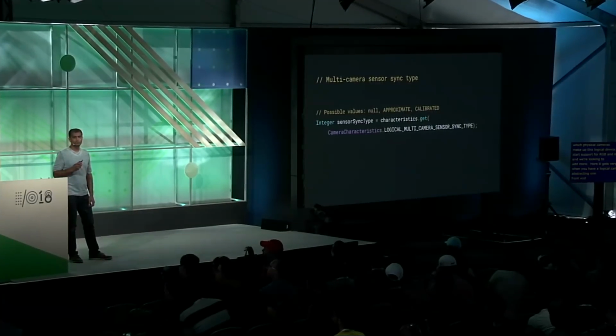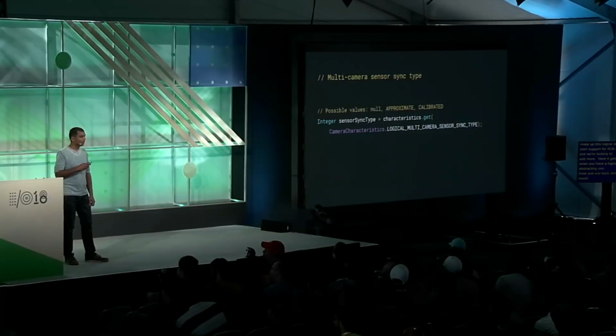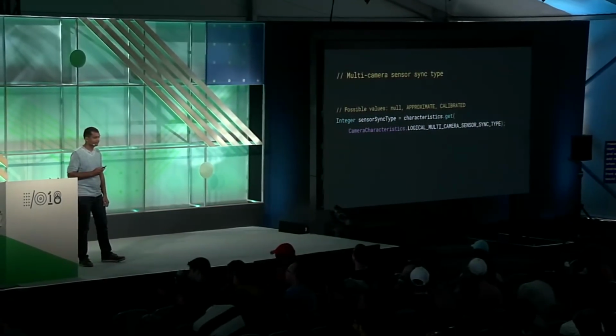Next, you would check to see which physical cameras make up this logical device. Today, we start support for RGB and monochrome, and we're looking to add more. Here, it gets very interesting when you have a logical camera that is abstracting 1 front and 1 back sensor. Finally, you would check to see if the frames from all of these sensors are synchronized.